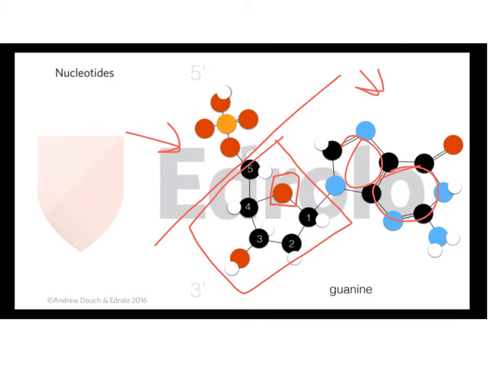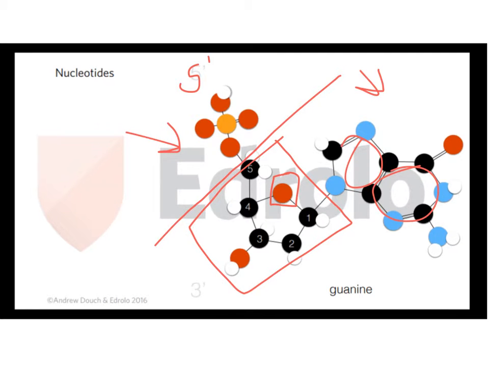So what we see from this is 1, 2, 3, 4, and 5 carbons. Our nitrogenous base is always connecting to the first carbon. Our phosphate group is always connecting to that fifth carbon. And that's why we've got the number 5' up the top here.